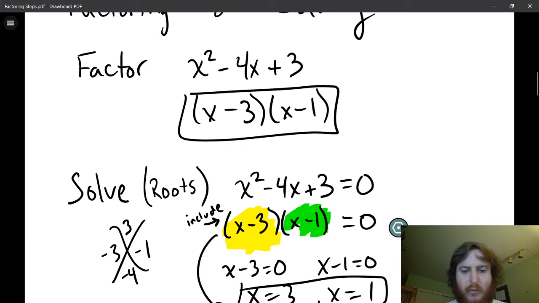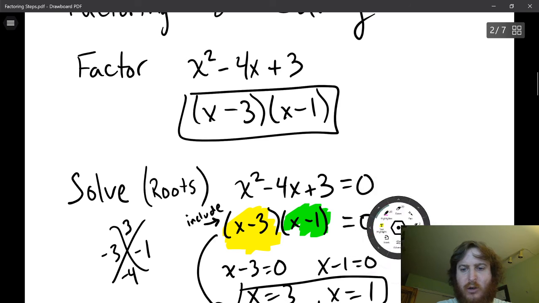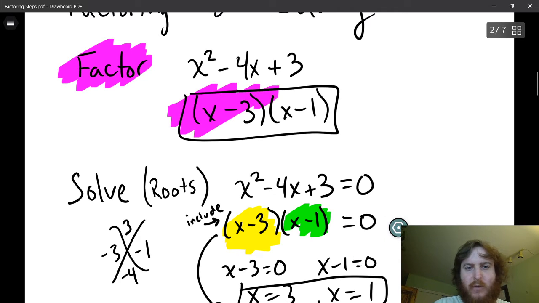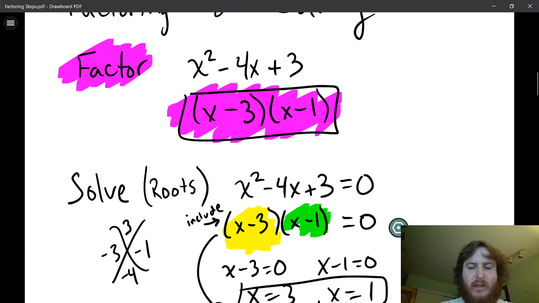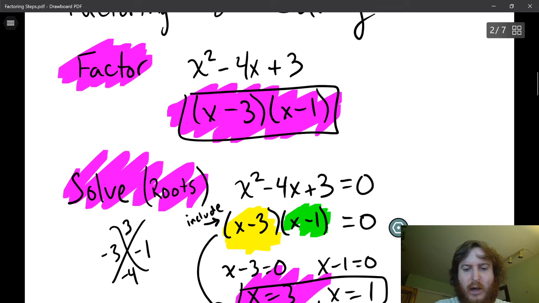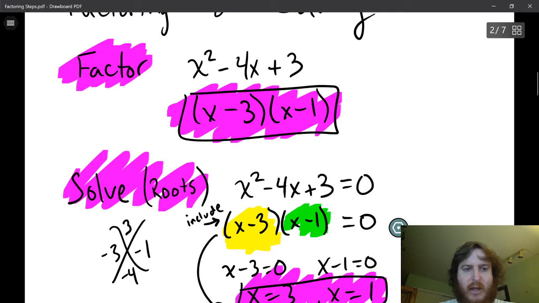But again, going back: if a question asks us to factor, our answer should be 2 terms factored or 3 terms factored or however many. If instead it asks us to solve or for the roots or for the solutions, then our answer should have 2 x equals in it, or 1 x equals, or even 3 x equals. So that's clearing things up.